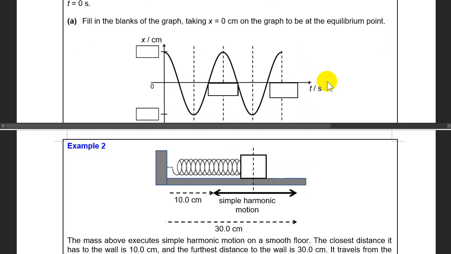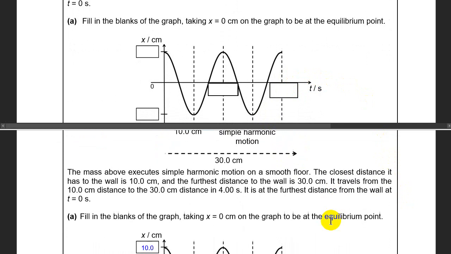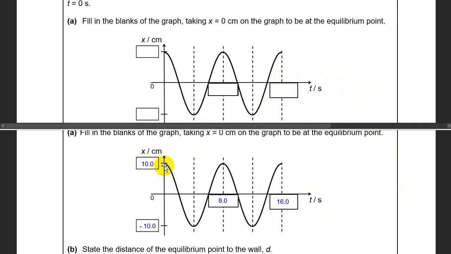So now we have the graph. We're going to fill in the blanks. So it starts with x equals 10. Okay, then it comes to the center point where they say x is 0. Then it goes to the other side, x is minus 10, 10 cm from the center point, but on the opposite side of the equivalent point. Then when we come back to the equivalent point again, x is 0 again.